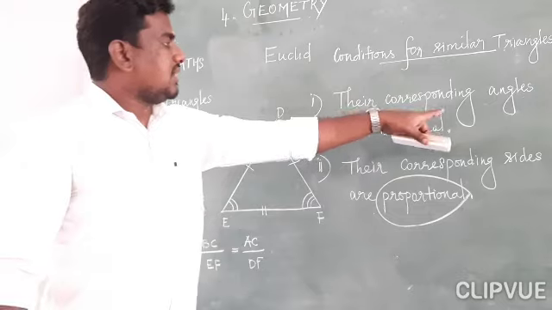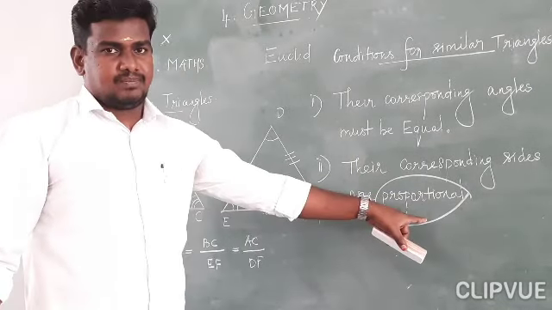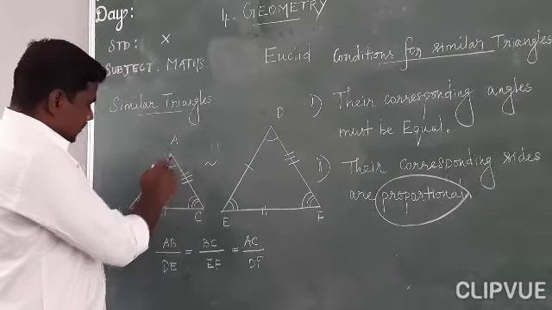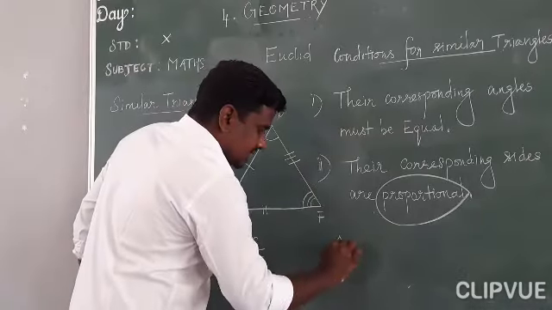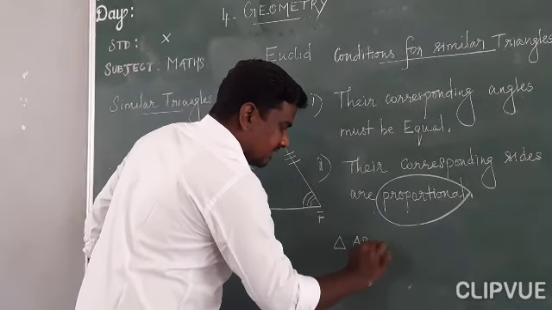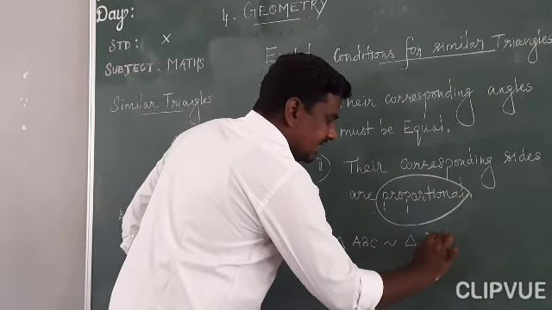First, corresponding angles must be equal. Second, the corresponding sides are proportional. Okay, so next, triangle ABC is similar to triangle DEF.